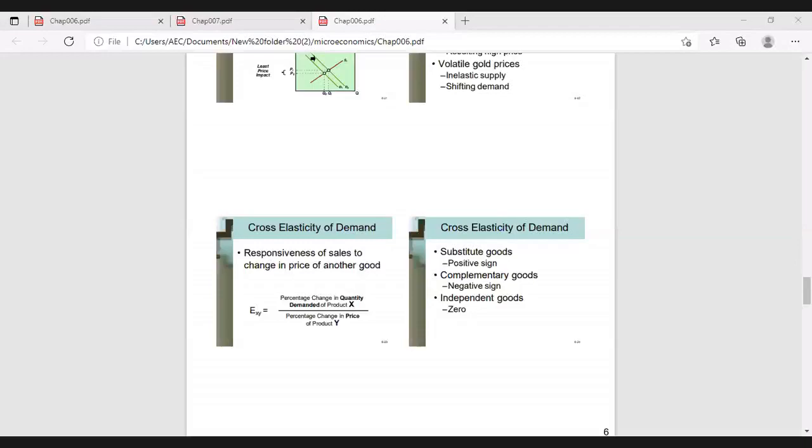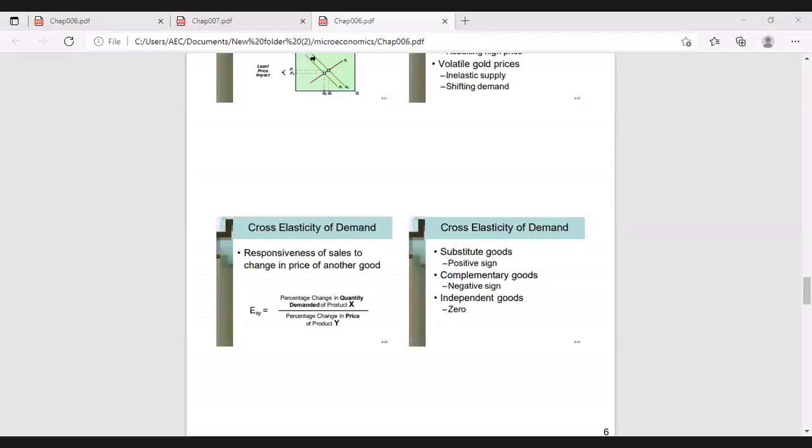Cross elasticity of demand measures consumers' responsiveness of quantity purchased of a product to a change in the price of another product. Price elasticity measures consumer responsiveness to a change in the price of that particular good.